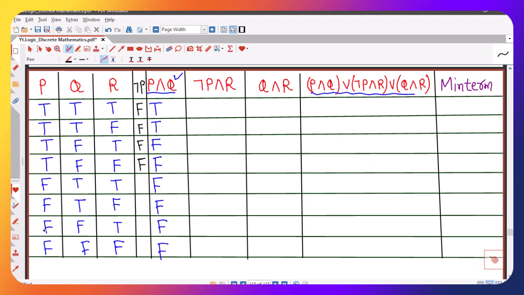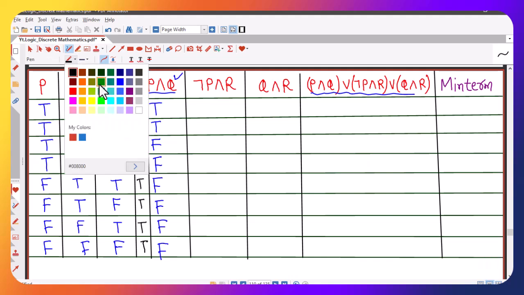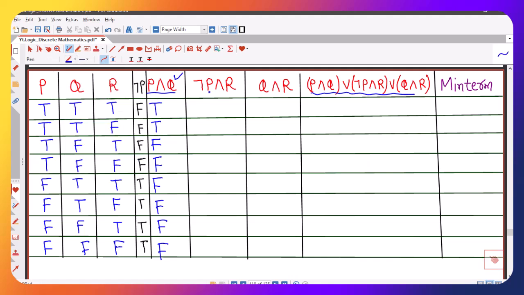Here P is false, so here negation P is true. And now we can write down negation P and R. Because we have the AND operator, negation P and R is true if both are true, otherwise it is false. Now in the first 4 cases, negation P is false, therefore we have false truth value for the first 4 rows.